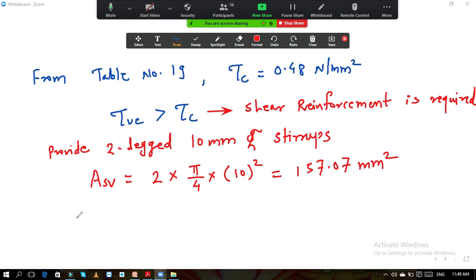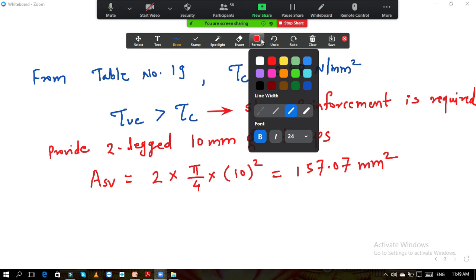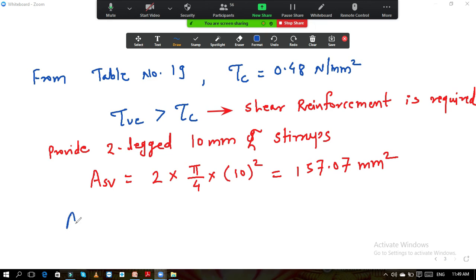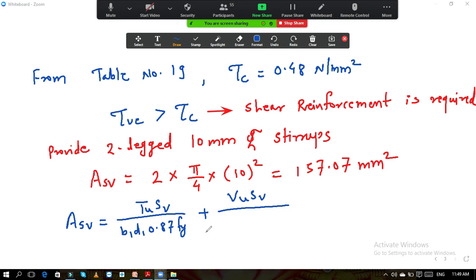So for transverse reinforcement from IS 456-2000, we know the formula that ASV is equal to TU into SV whole divided by b1 d1 into 0.87 fy, plus VU into SV whole divided by 2.5 d1 into 0.87 fy.